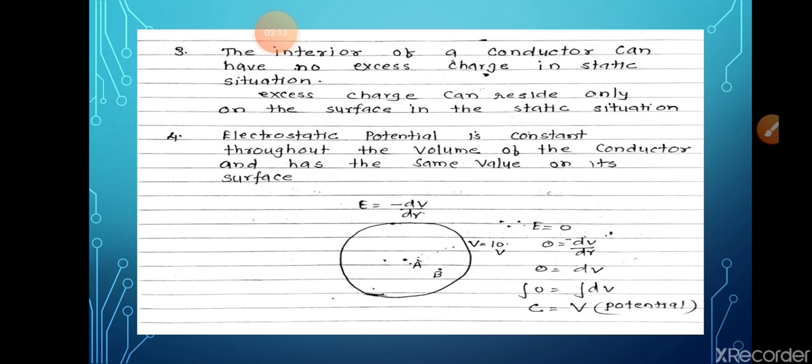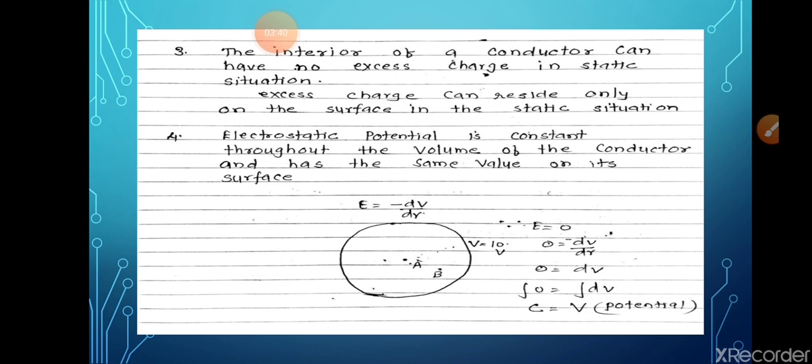Now the fourth property of a conductor: the electrostatic potential is constant throughout the volume of the conductor and has the same value as on its surface. It is a simple question: if the field is zero because Q is zero, then what is the potential?